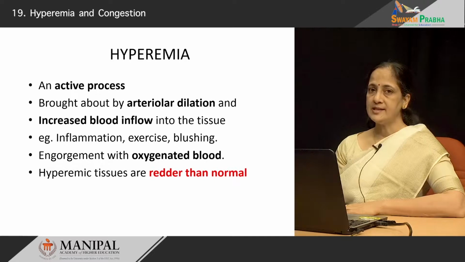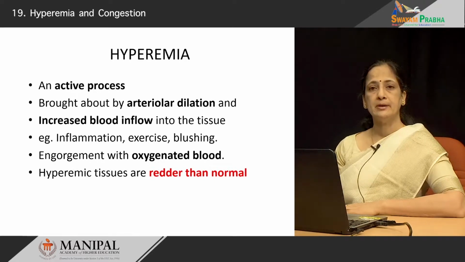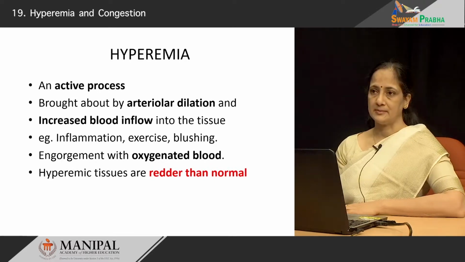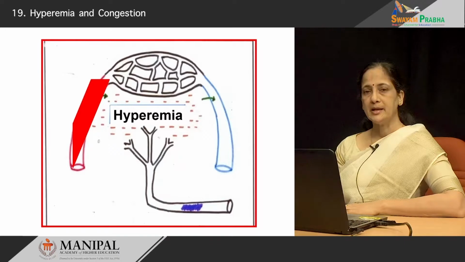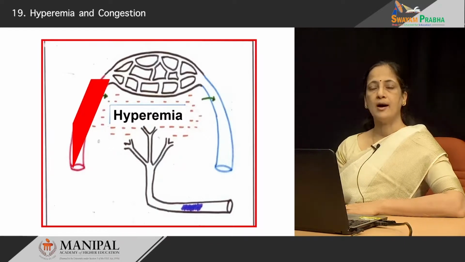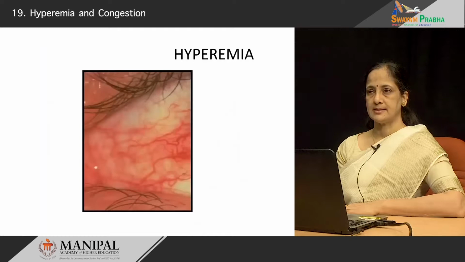Therefore, the affected site will appear reddish in color. So, in hyperemia, we are seeing increased blood coming into the microcirculation as a result of arteriolar dilatation, and it is occurring by an active process.